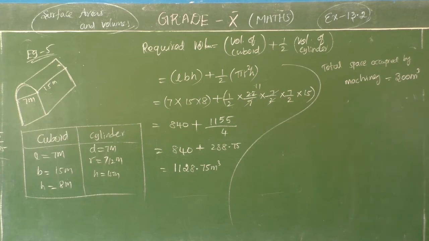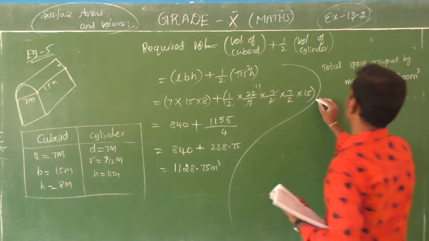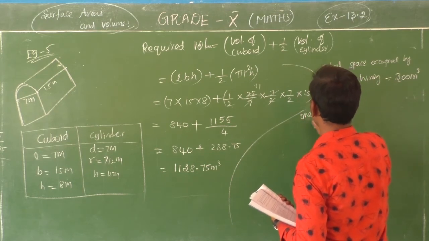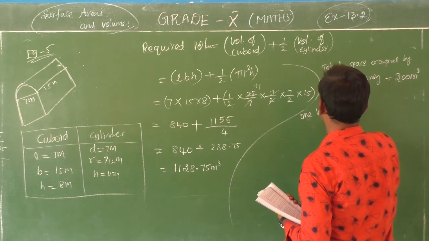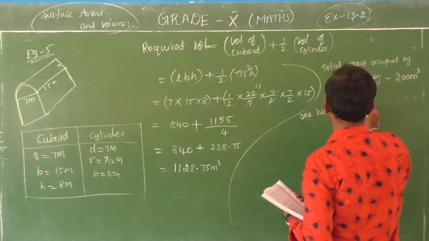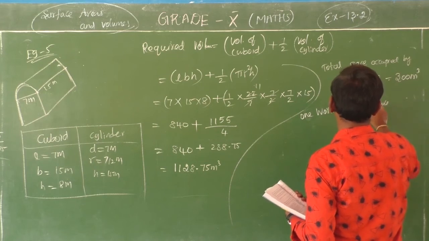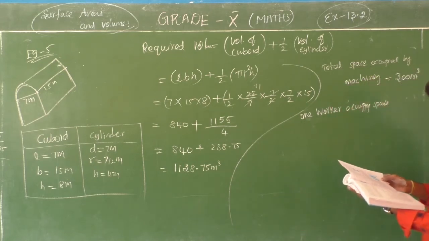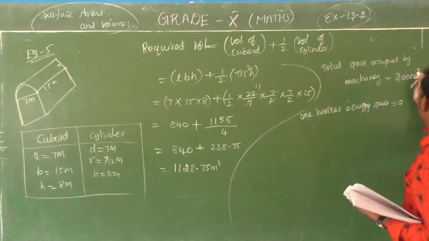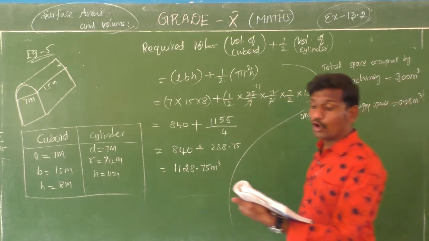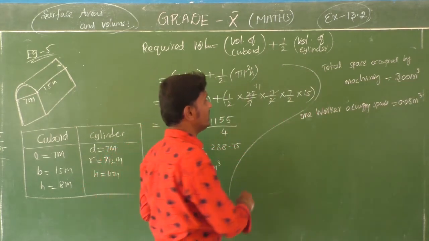So total space occupied. First, one worker occupies space. How much space is occupied? That is 0.08 meter cube for one worker. Now how many workers are working in that shed? 20 workers.